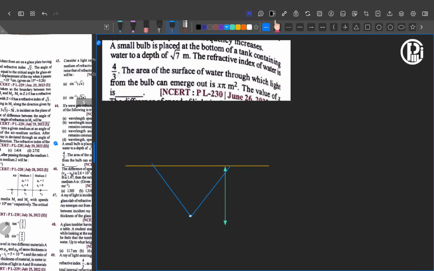If it is incident at the critical angle, it goes along the interface, and the light will move through the interface like this, and it will also move through this interface like this. We have to find the area of this circle. We need to calculate the area of that circle.